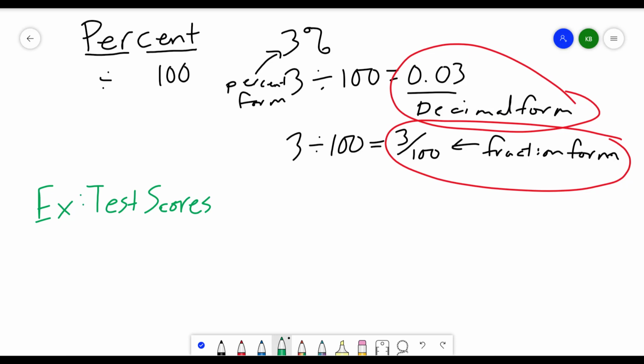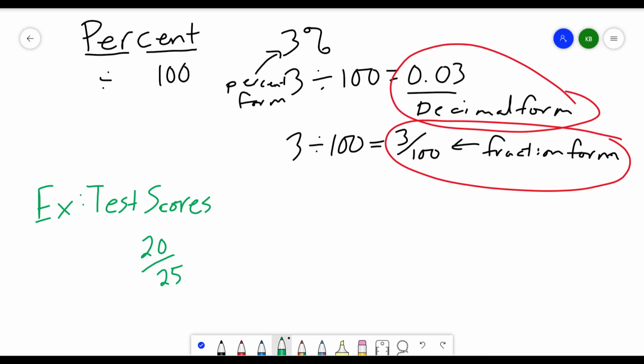So if you find yourself in a teaching position, or even as a student, and you have some kind of test, say it's out of 25 points, and you get 20 of those 25 points. 20 out of 25 might be a number that doesn't mean a ton to you, because we function in percents when we think about grades.